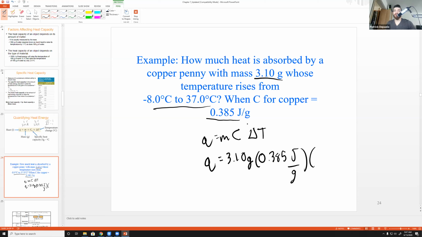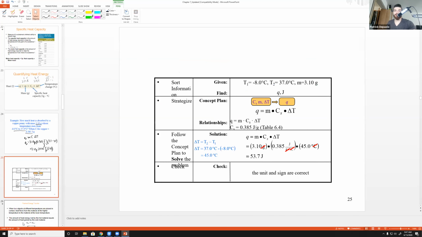So delta T is 37 minus -8. So 37 minus -8 is going to be 45. So it would be 3.1 grams times 0.385 joules per gram times 45. And our answer is going to be, yeah, they messed up.